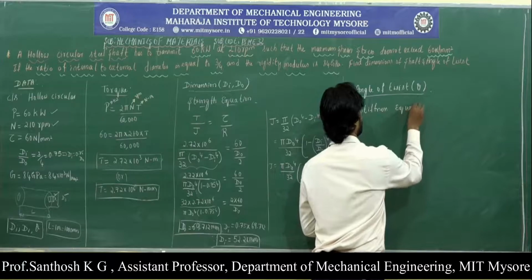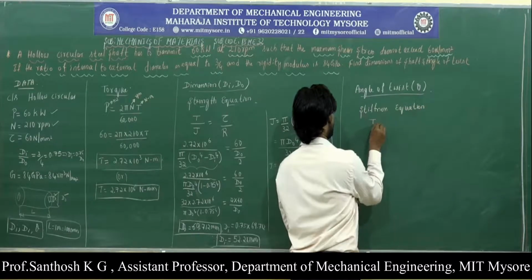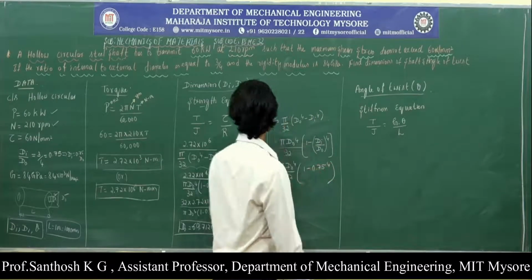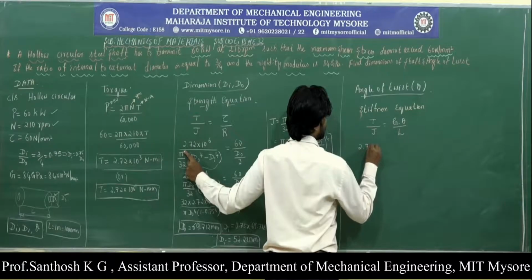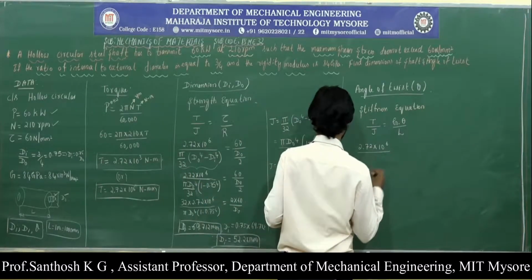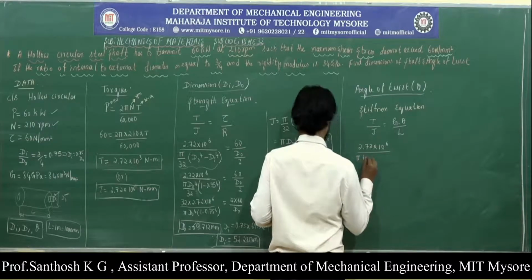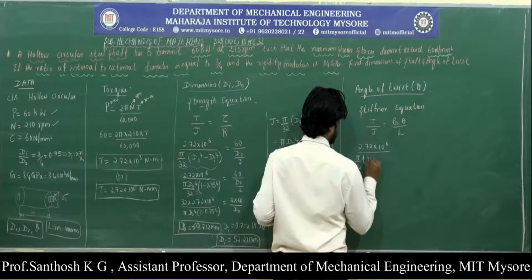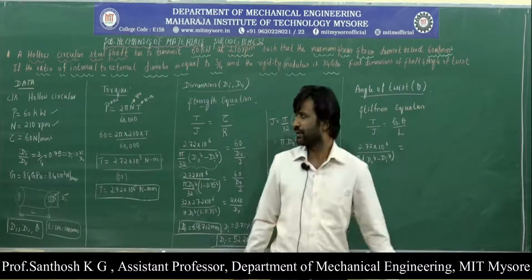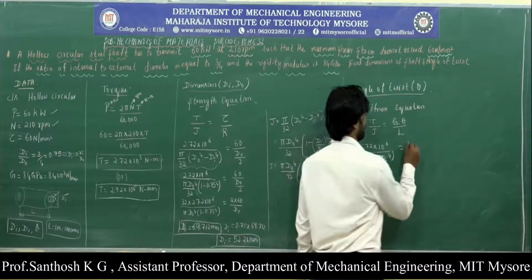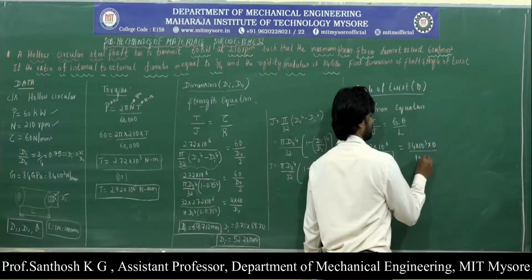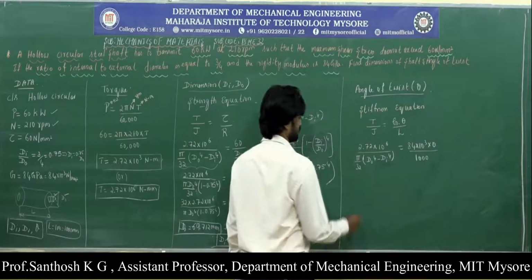The stiffness equation is given by T by J equals G into theta divided by L. Here the value of T is 2.72 into 10 to the power of 6 divided by J. The value of J is pi by 32 in bracket d naught to the power of 4 minus di to the power of 4, equals G. The value of G in the problem is 84 into 10 to the power of 3 into theta, and the length of the member is 1 meter or 1000 millimeters.